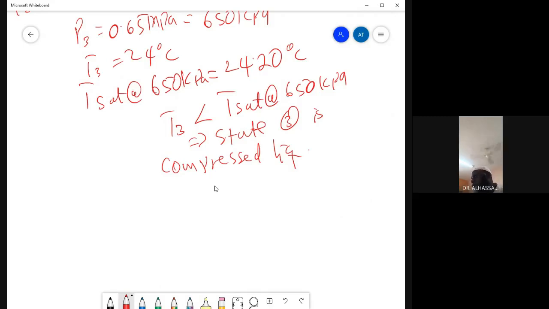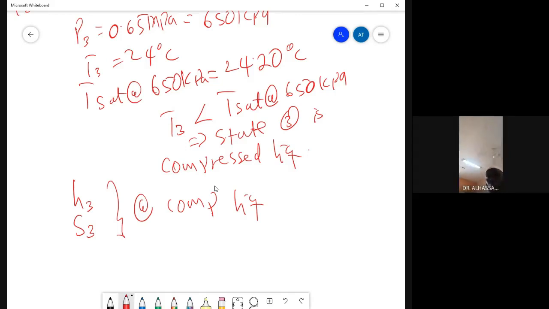So now what you have to do is to determine the enthalpy H3, and then S3, at compressed liquid. But you see, at the compressed liquid state, we do not have properties for the refrigerant.